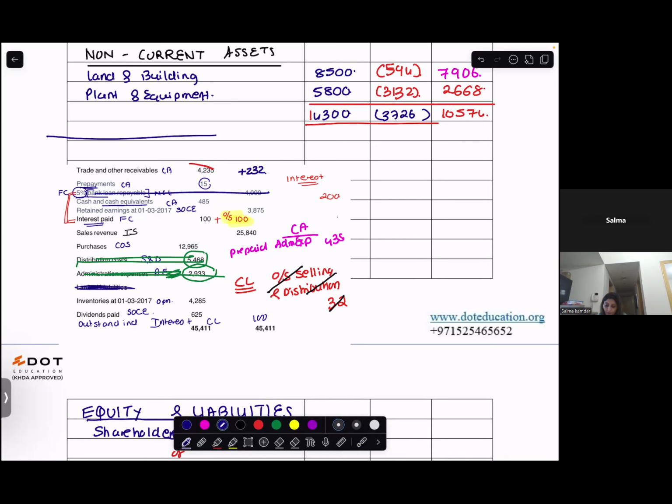What is this 232? Okay, so that was just a cropping error. Prepaid administrative expenses was 435.